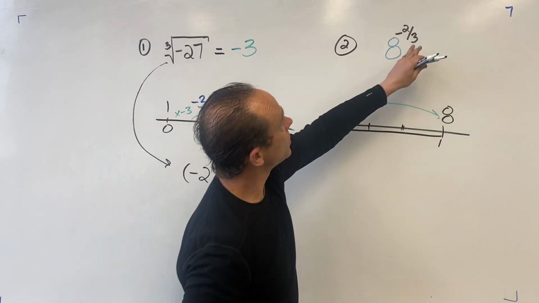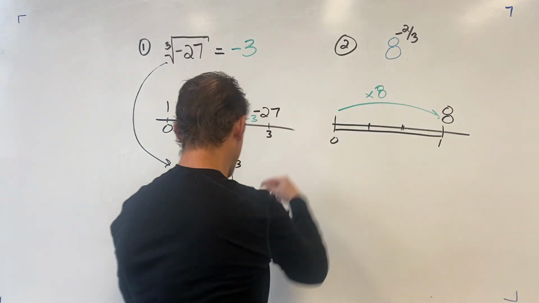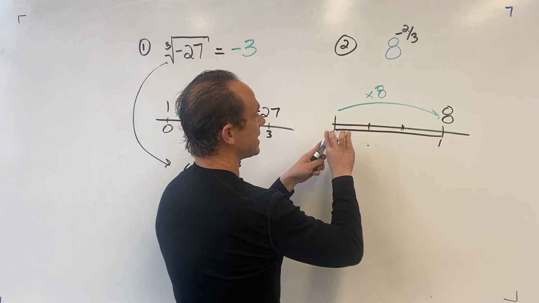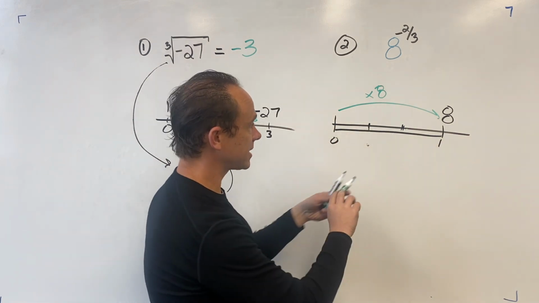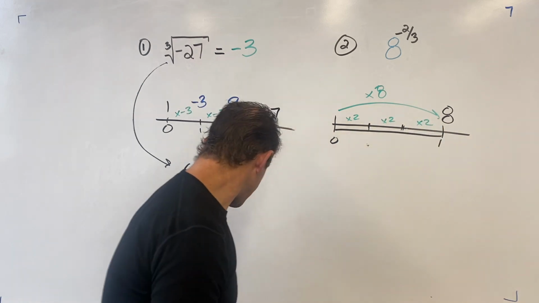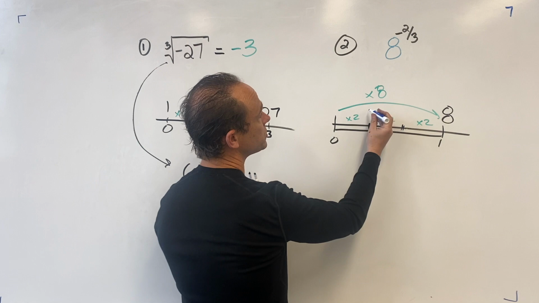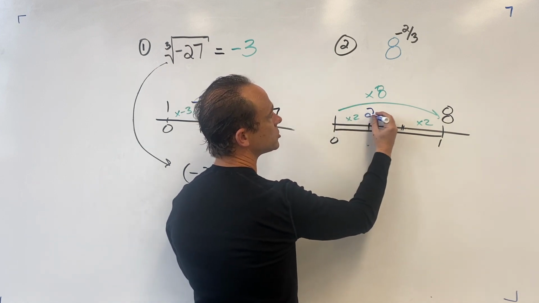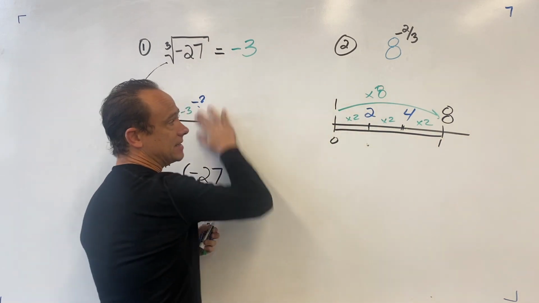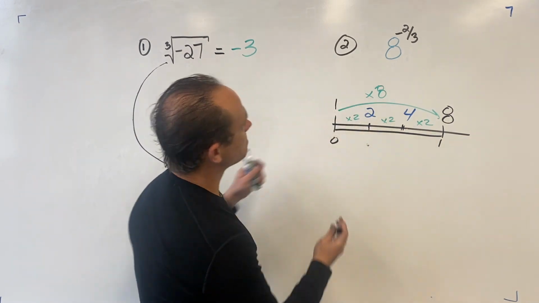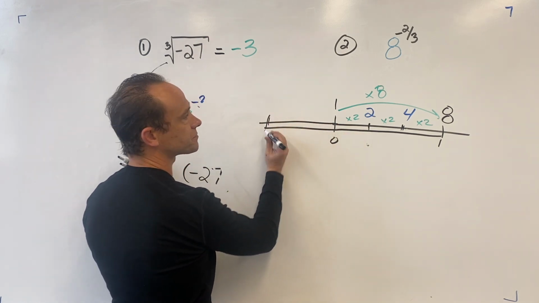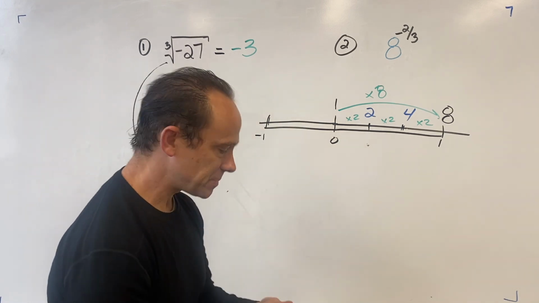Now, we want 2 of the thirds, but we want to go the opposite way. Just like this would have been the first count, second count, third count, we must be multiplying by 2. That's how you get to 8 in 3 counts. So we start at 1 and we get to 2 and 4. Minus 2/3 just says we're going in the opposite direction.